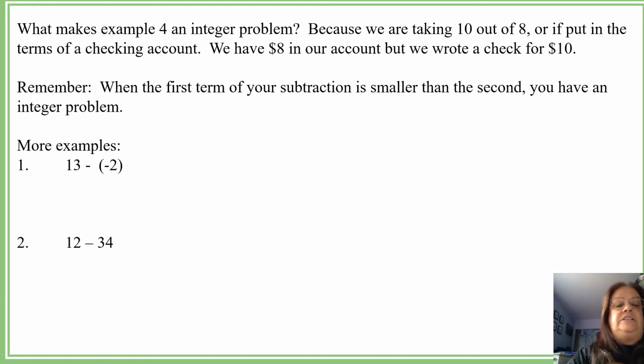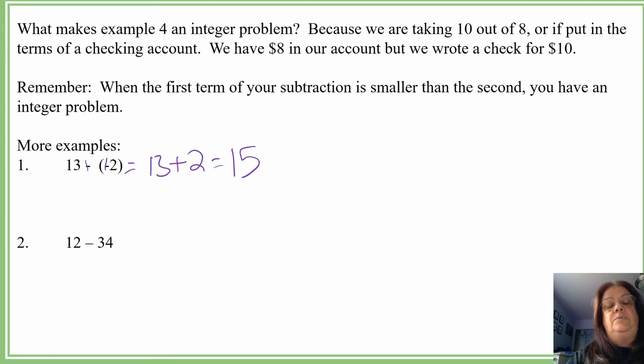Okay, so 13 minus a negative 2. Well, plus a positive, so that gives me 13 plus 2, which is 15. 12 minus 34. You should know what that is. You take the 34, subtract 12, and give it a negative: negative 22.